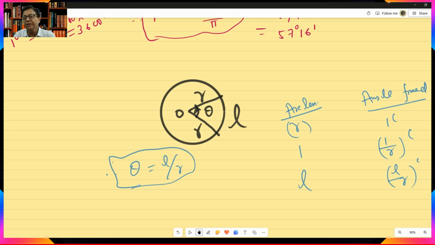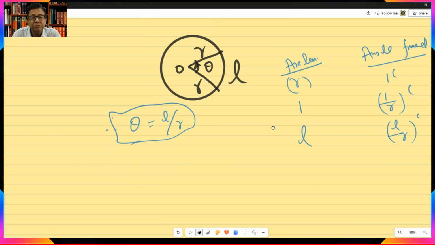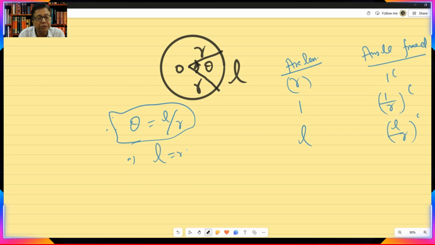This is a very important relation. You are studying trigonometry with this very important relation. Got it? So theta is L by r, or L equal to r theta. So arc length equal to what?